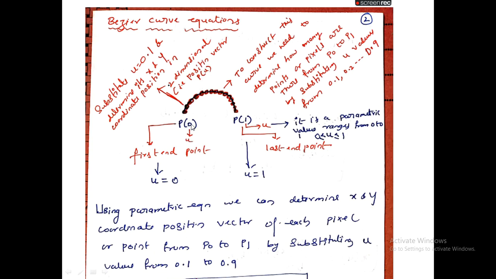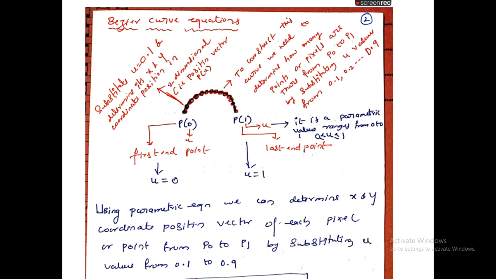If I substitute u value 0, this is the first pixel position. For this p of u, you need to calculate the x coordinate position and y coordinate position. I am not discussing the z coordinate here because I am creating a two-dimensional curve.